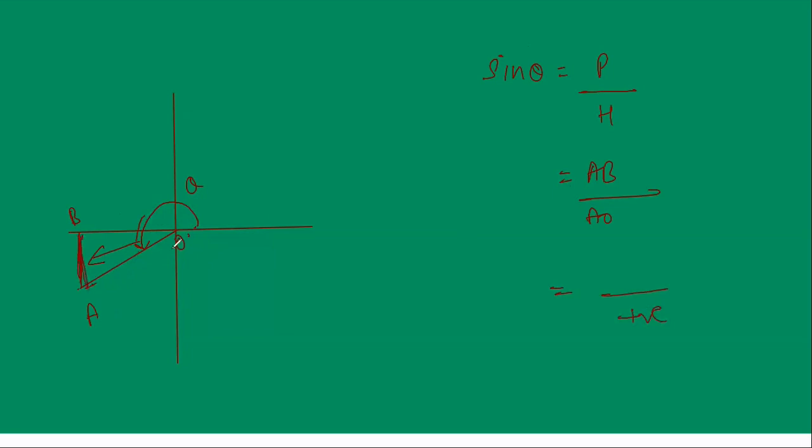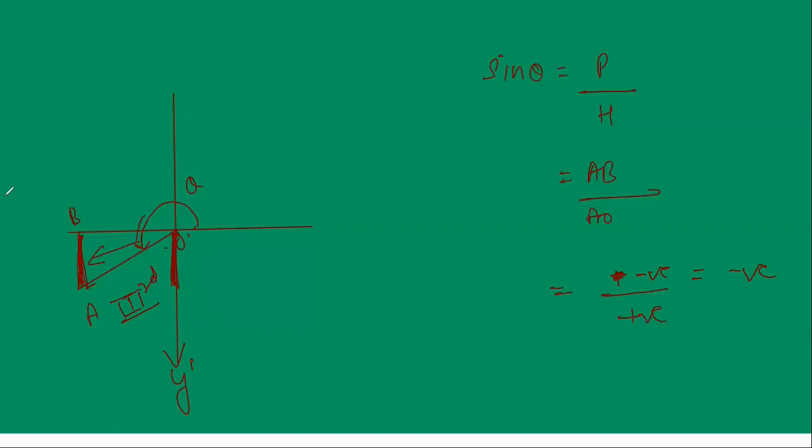AB is parallel to this line, and this part is equal to this part also. This part is coming on the negative x-axis, down from the origin, so it is negative. So AB is also negative, and negative over positive is negative. So in the third quadrant, sine theta is negative.